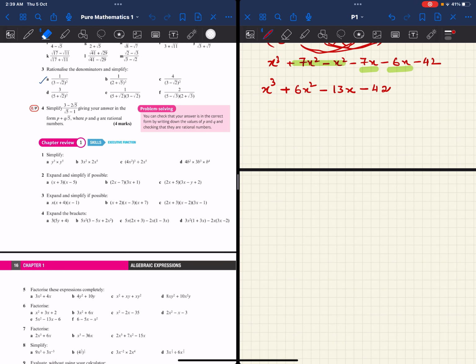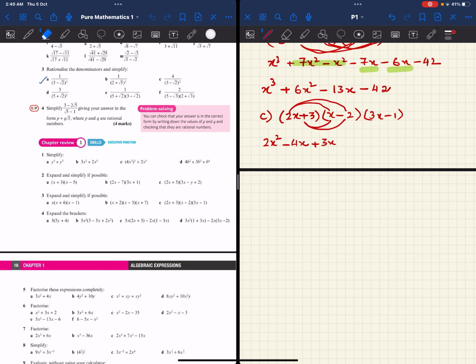Let's move on to C. In question C, we have 2x plus 3 into x minus 2 into 3x minus 1. We can first multiply the first two brackets. 2x into x gives us 2x squared. 2x into negative 2 gives us minus 4x. 3 into x, 3x.